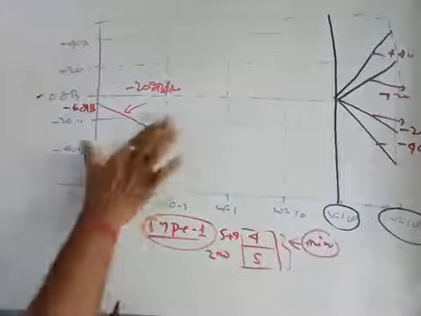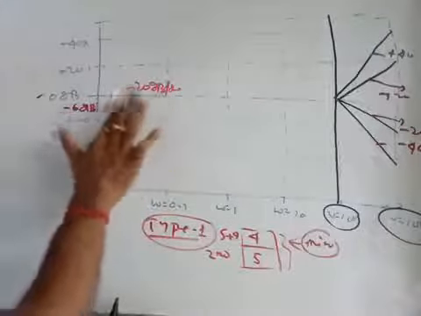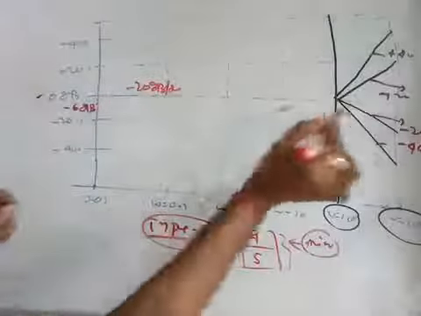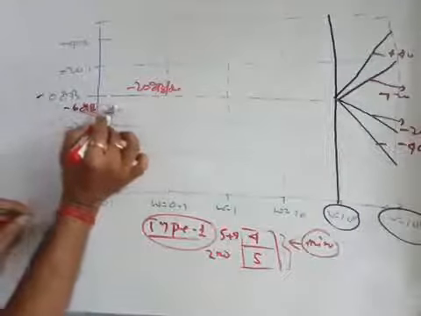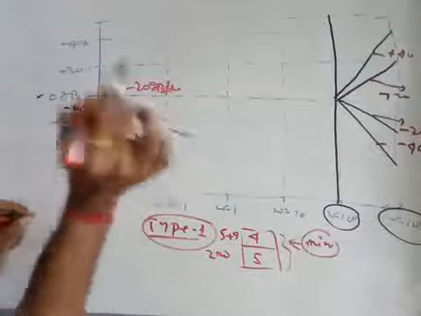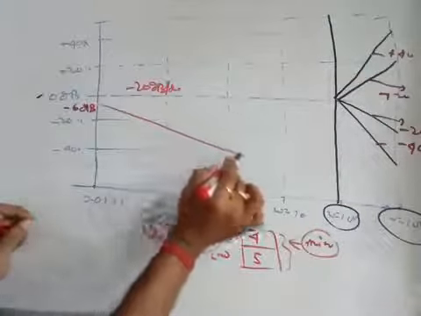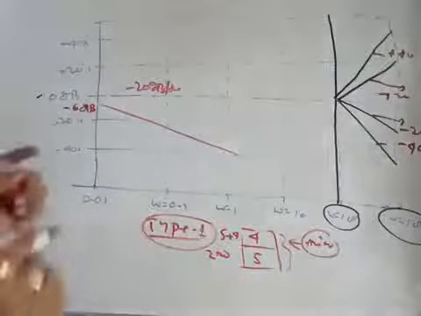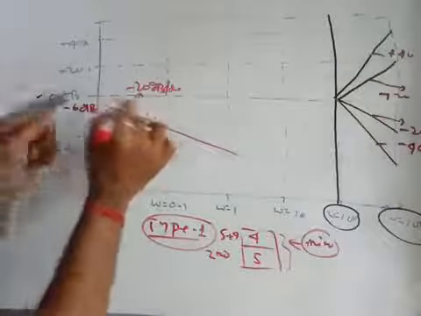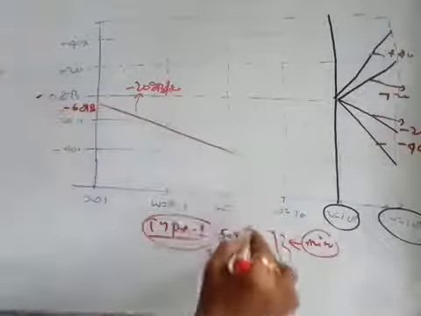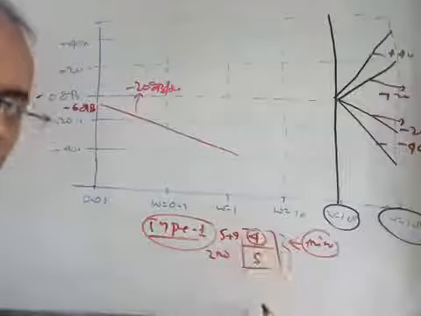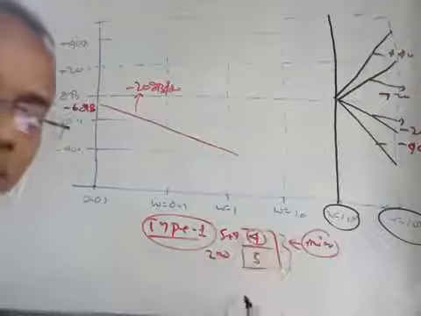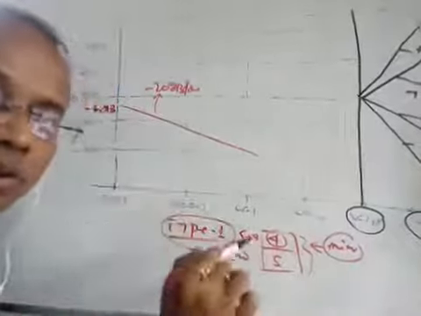So this line, actually the slope is not right. Okay, just draw the slope like this, it should be the parallel line. Unless this is parallel, your graph is not right. So this is your minus 20 dB per decade line, and it goes up to omega equal to 4, because out of all the corner frequencies available in the table, the value 4 is minimum.